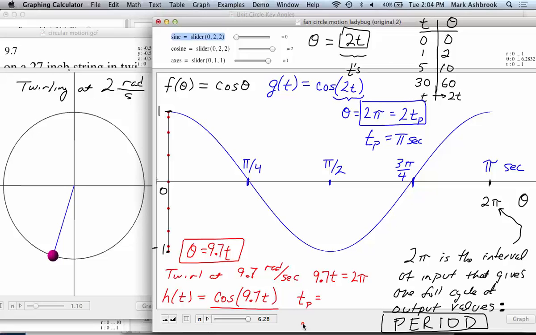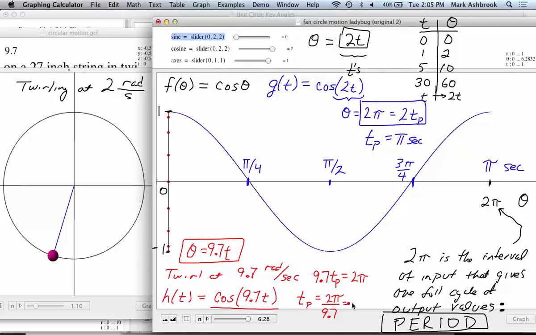If we want 1 full cycle of cosine, that whole thing that goes into cosine needs to reach 2 pi. The value of t that makes that happen is what makes this equation true. So it's going to be 2 pi over 9.7, and let's get an approximation for that.